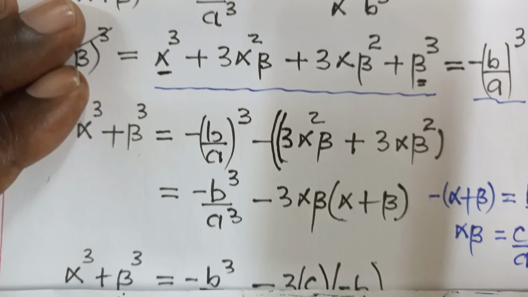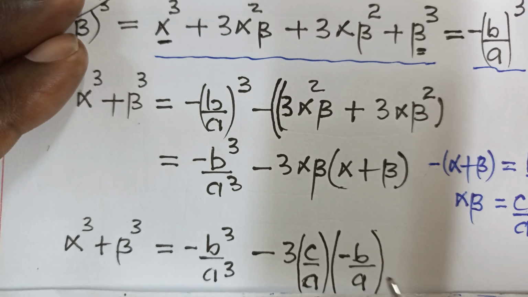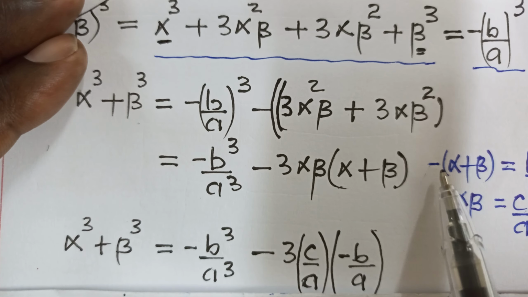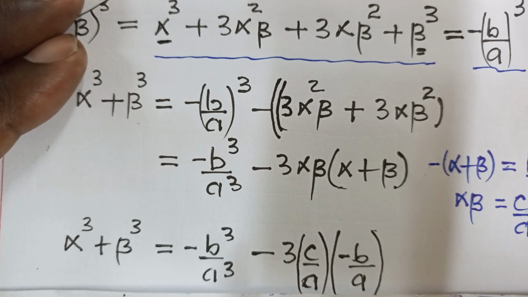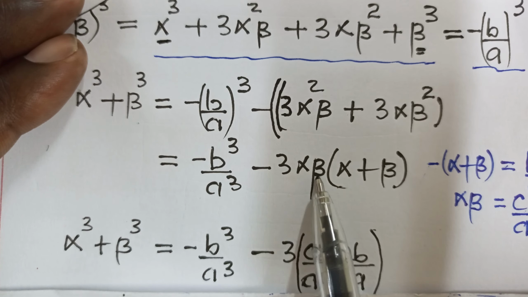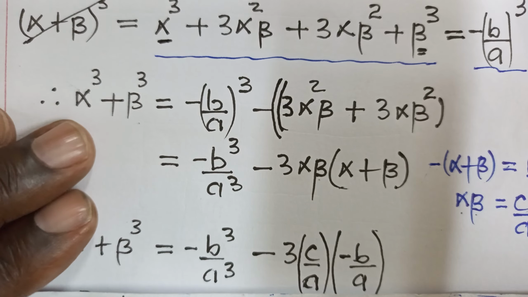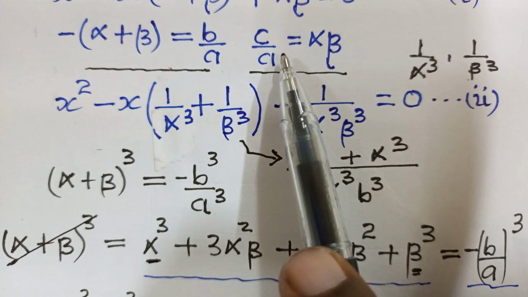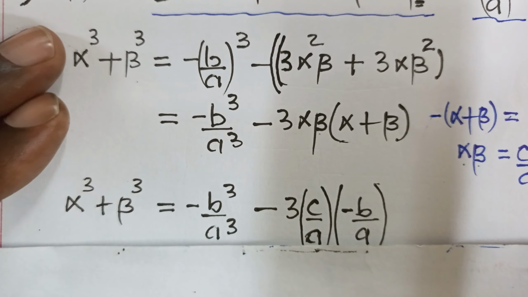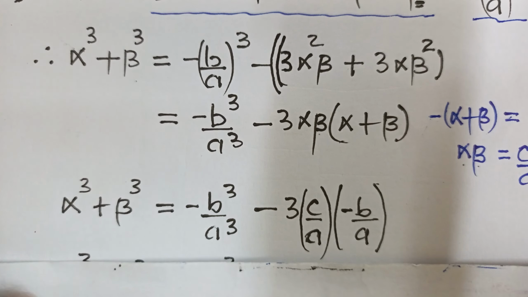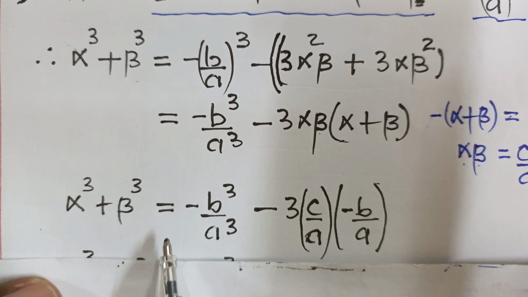And so therefore, guys, we have b all over a. And remember our negative, this negative we can move here. Then we are left with alpha beta. We can use this: alpha beta is equal to c over a. Of course, guys, we had that formula, which is right here. And so when we replace that, we are going to be left with such an equation.